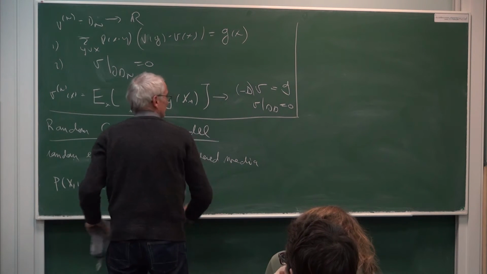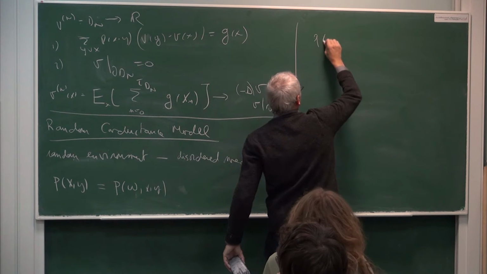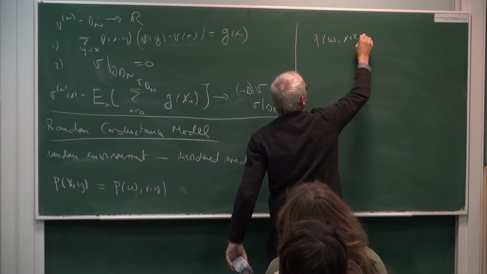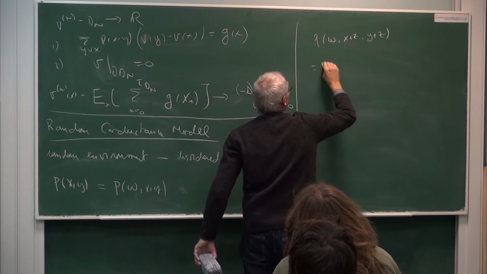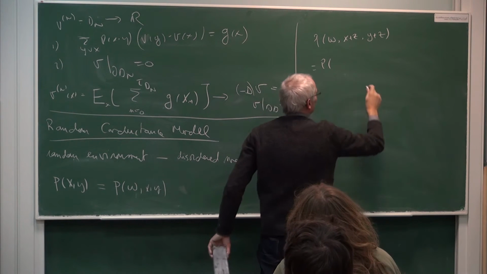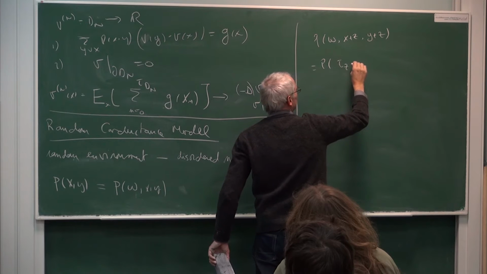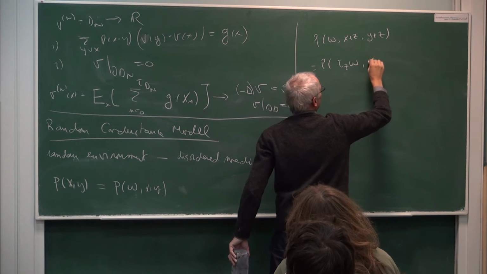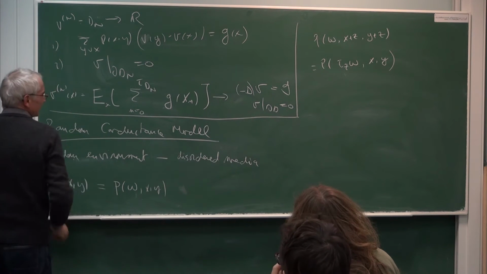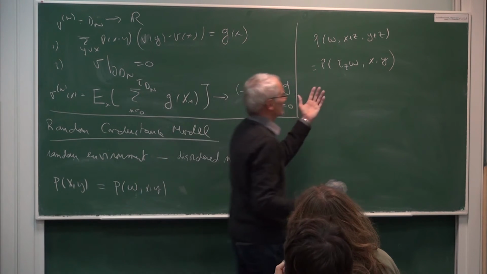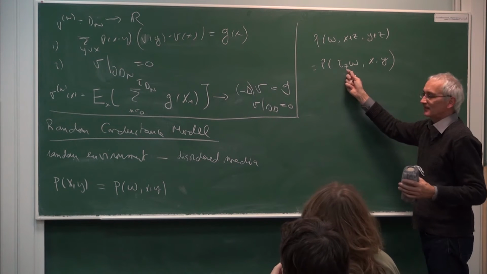So what you have is the following, that P omega from x plus z to y plus z is as if you have shifted the environment by z. So you just shift the environment by z, and of course shifting the environment means that it's not constant.